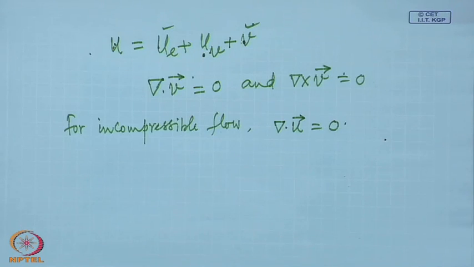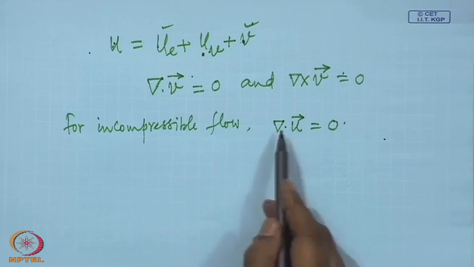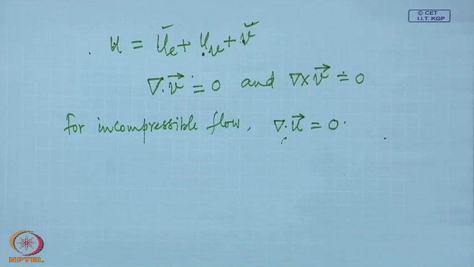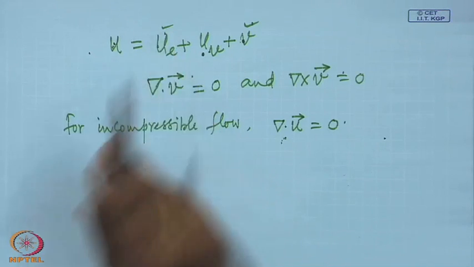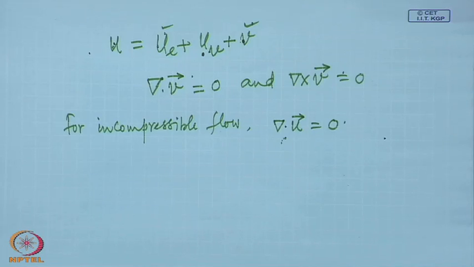We also know that for incompressible flow there is no rate of expansion, that is what this equation means. That is, the u_e component is not present in incompressible flow.